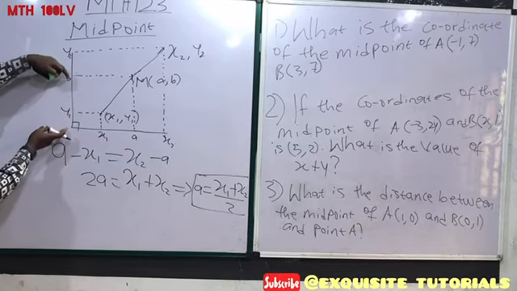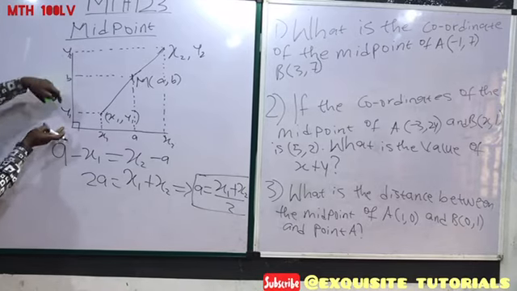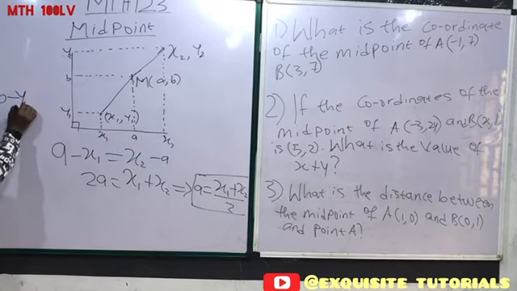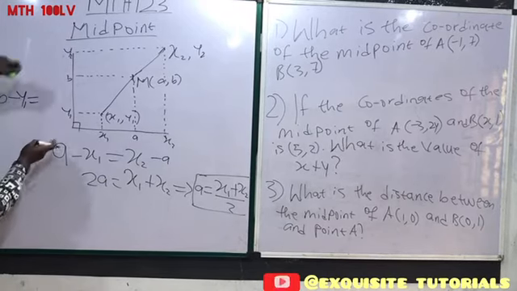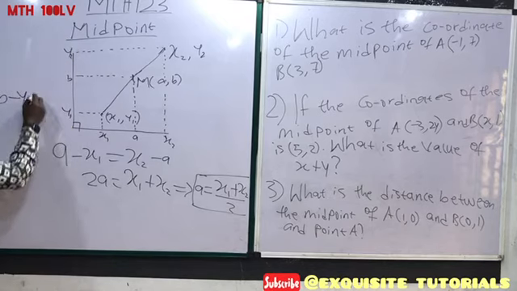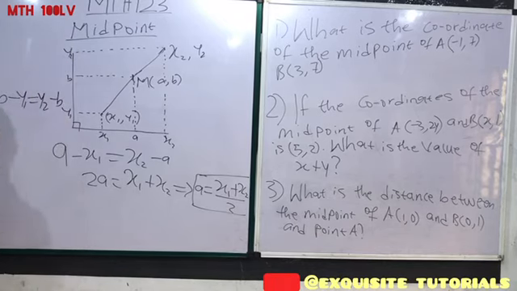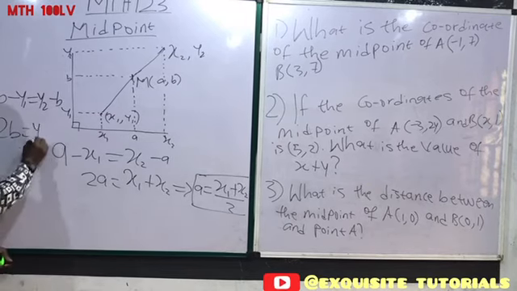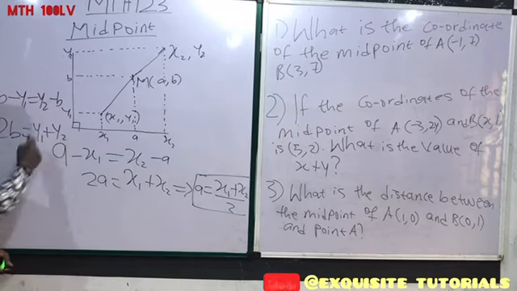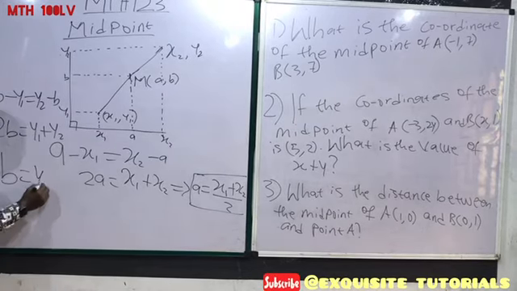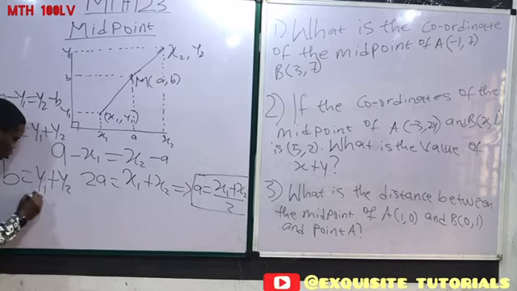It is actually this length minus this length. So we can say it is b minus y1 and is equal to this distance here, which is y2 minus b. So if I take this b here, it becomes 2b equals y1 plus y2. Now if I divide both sides by 2, b is equal to y1 plus y2 all over 2.